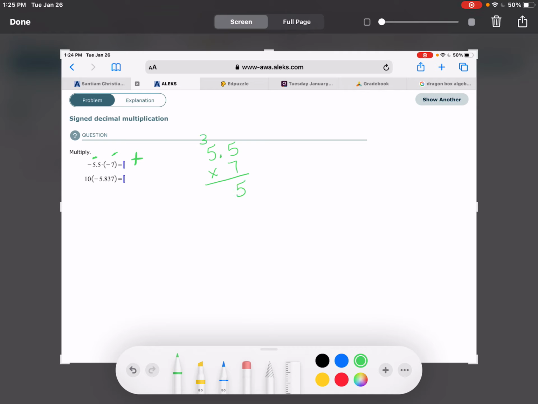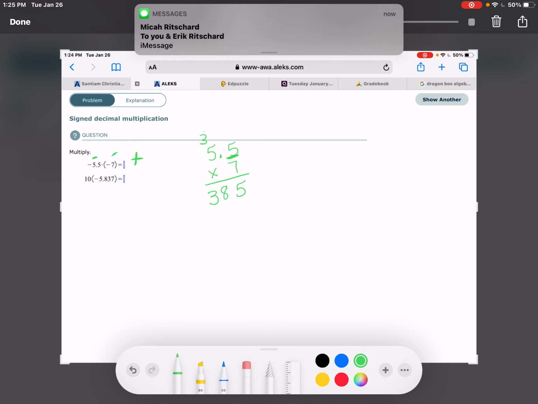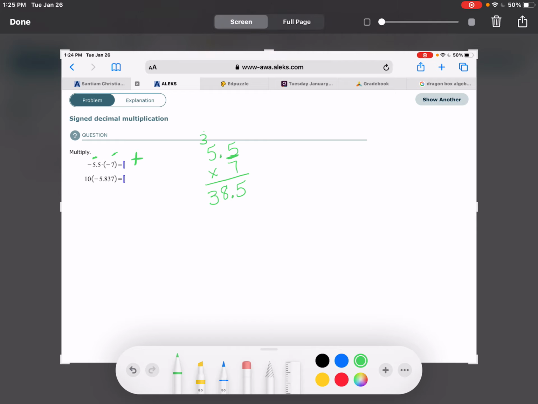I'm carrying a 3, and then 35 again, 36, 37, 38. There's one decimal place to keep track of right here. And so I'm going to put this down, 38.5. That will be my answer. I don't need to put that positive sign in, but that was how I was keeping track of it.